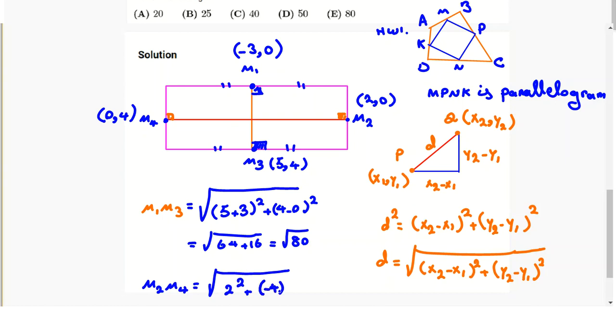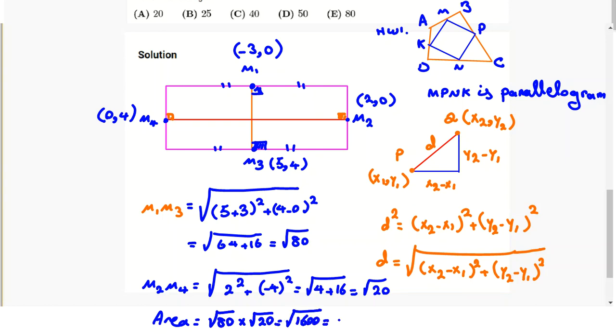So it will be what? 4 plus 16, which is root 20. Now we want to calculate the area of this rectangle. It will be what? Root 80 times root 20 equals root 1600 equals 40. It has also other solutions, but this one is okay.